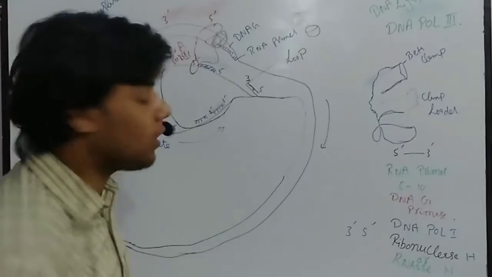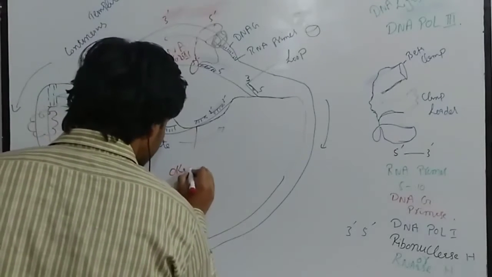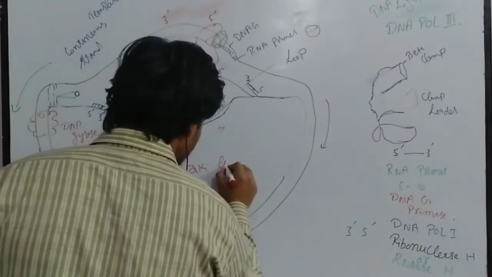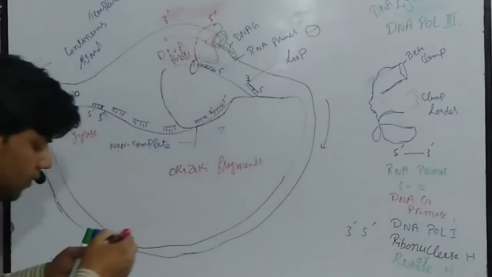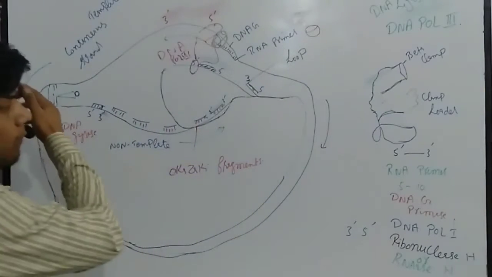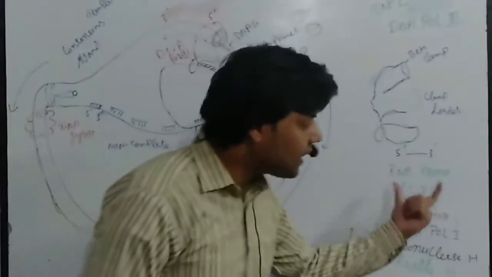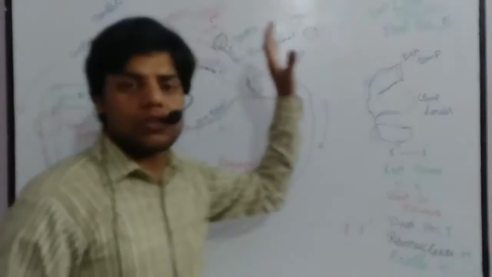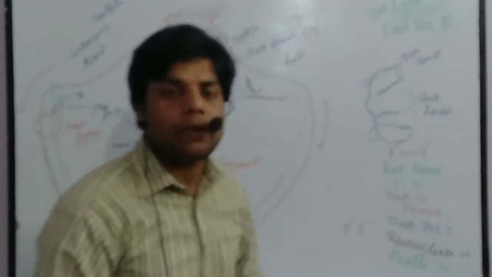That's why these fragments are also known as Okazaki fragments. Okay, so many Okazaki fragments are attached here by this DNA primase. So many primers are added here, many primers.